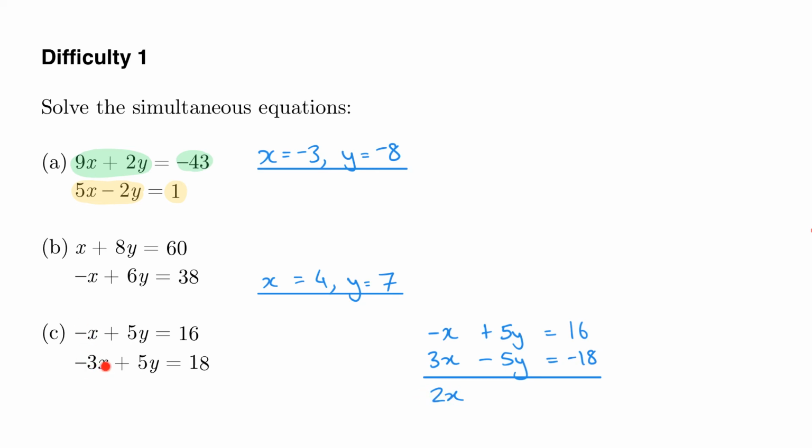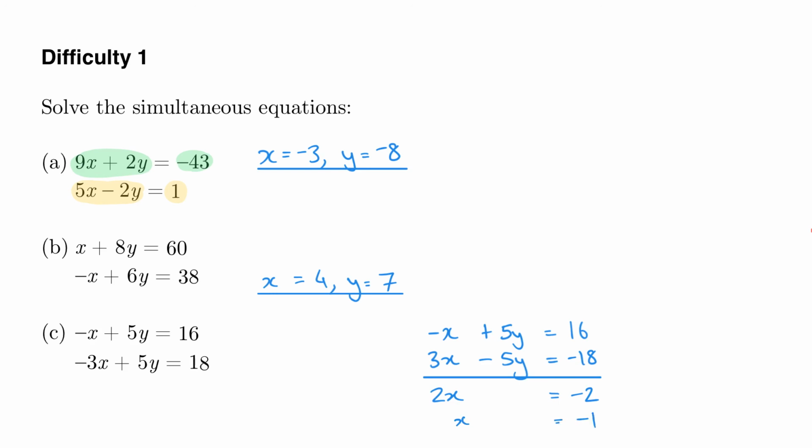So that's why I chose to multiply the second one by -1. Anyway, adding these together, I've got my x's added together. The 5y and the negative 5y eliminate each other. And that means 2x equals 16 plus -18, which is -2. Now, if 2x equals -2, that means x equals -1.